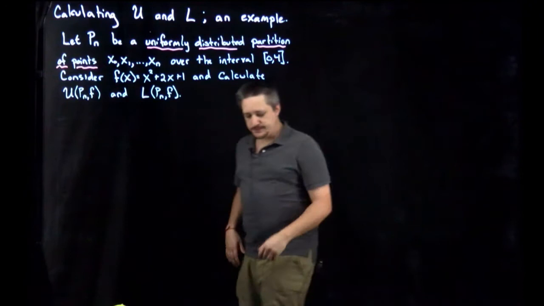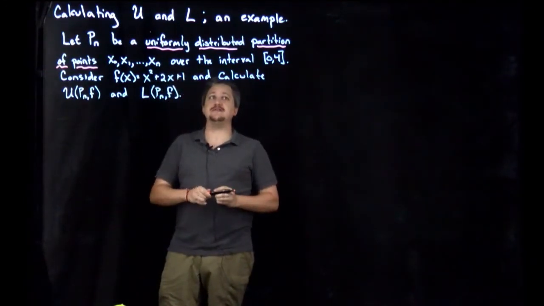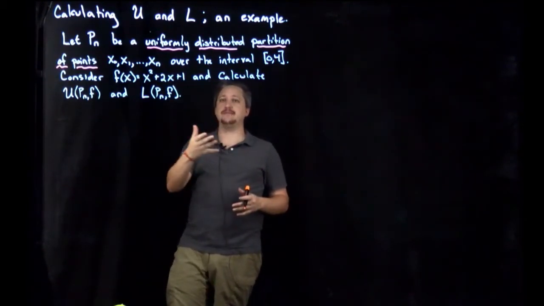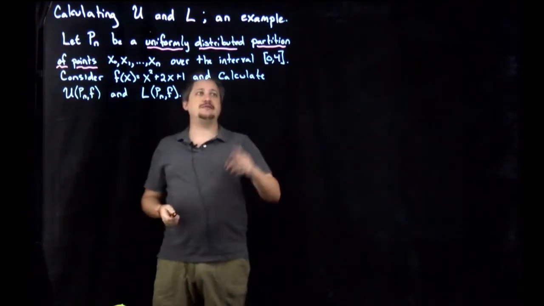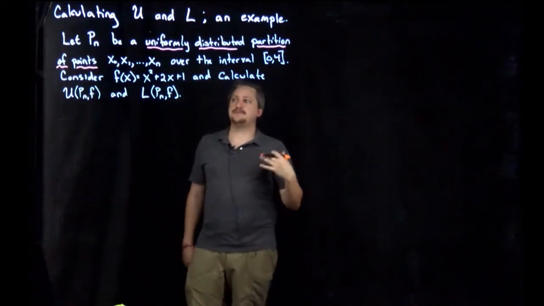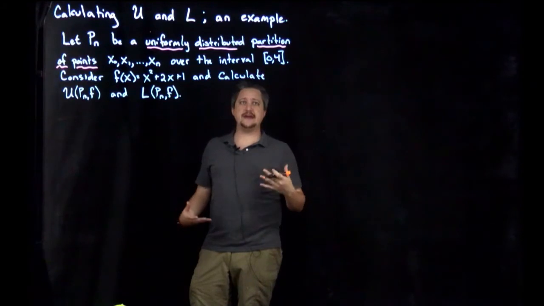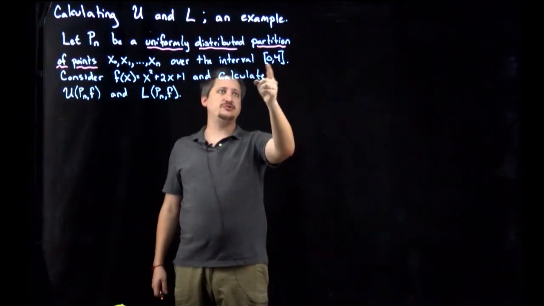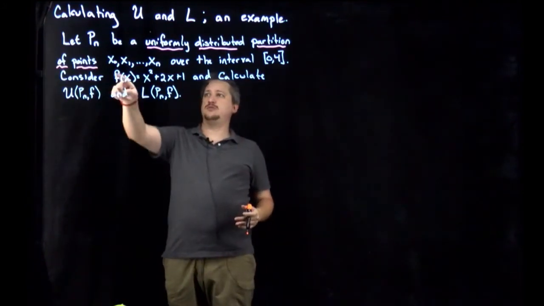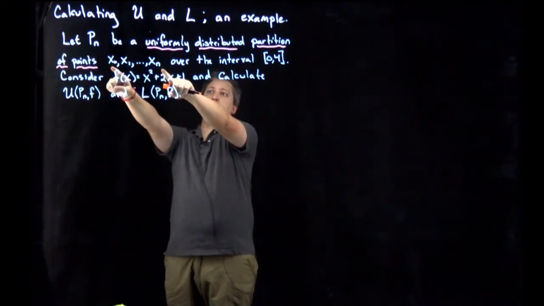Okay, so right off the bat, the first thing I'm going to do is figure out what this partition actually is as concretely as I can. So uniformly distributed partition of points, this is just saying that I'm going to have exactly the same space between every point. If you remember when we did this in Calc 2, we did this by taking the length of the interval, the b minus a, which is just 4, and dividing it by the number of points, which is n if you're counting these as both endpoints.